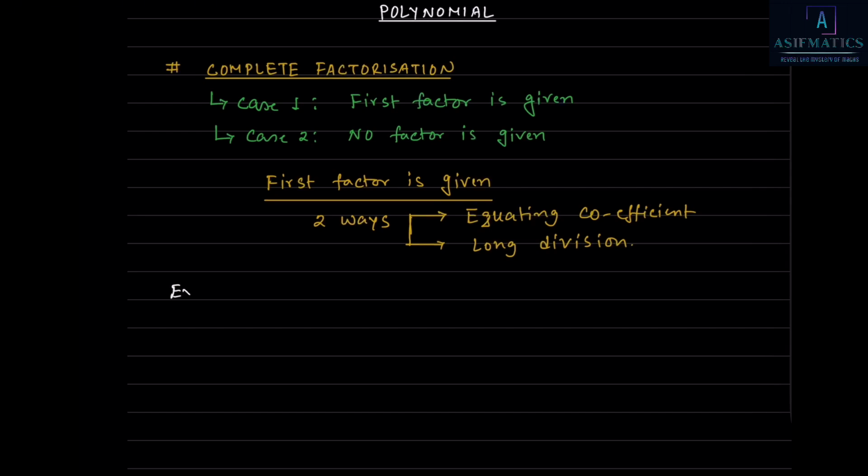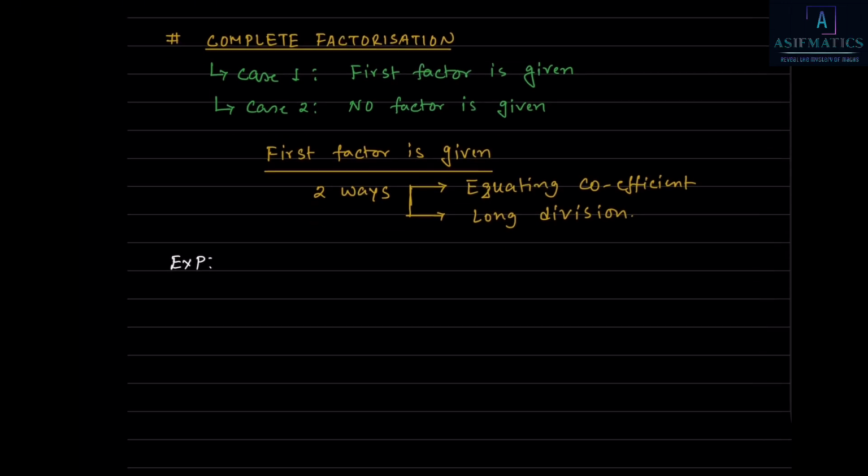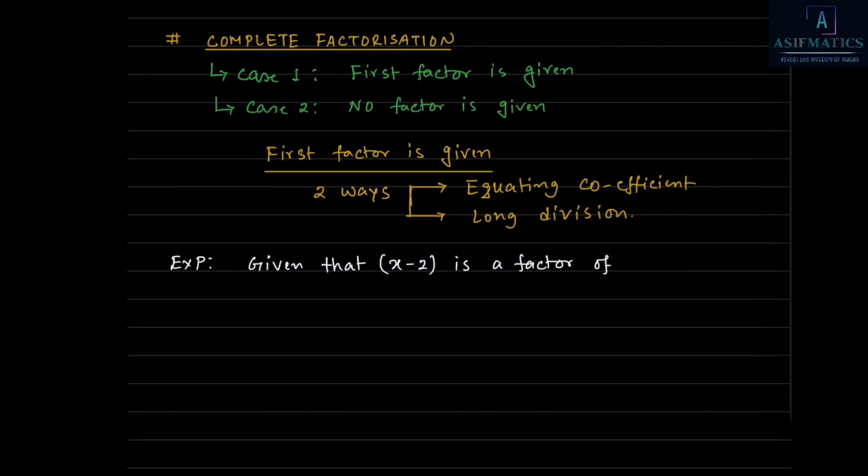So let's see, we have an example question. Given that x minus 2 is a factor of the polynomial p(x) equals 2x cube plus 7x square minus 43x plus 42.